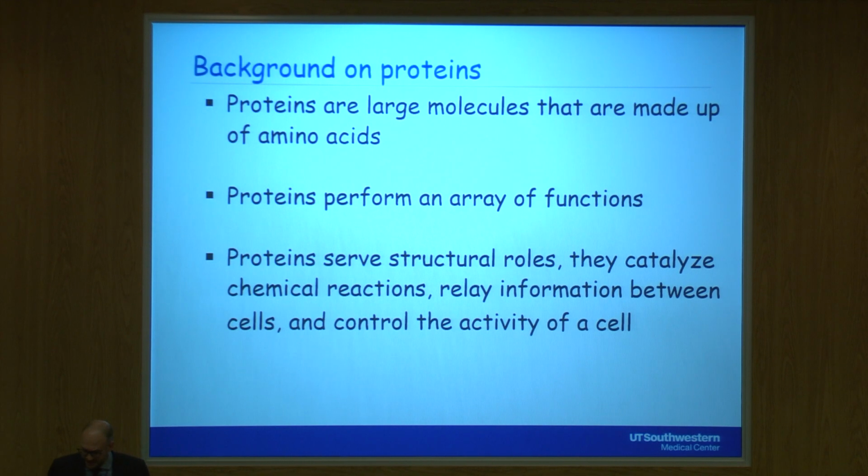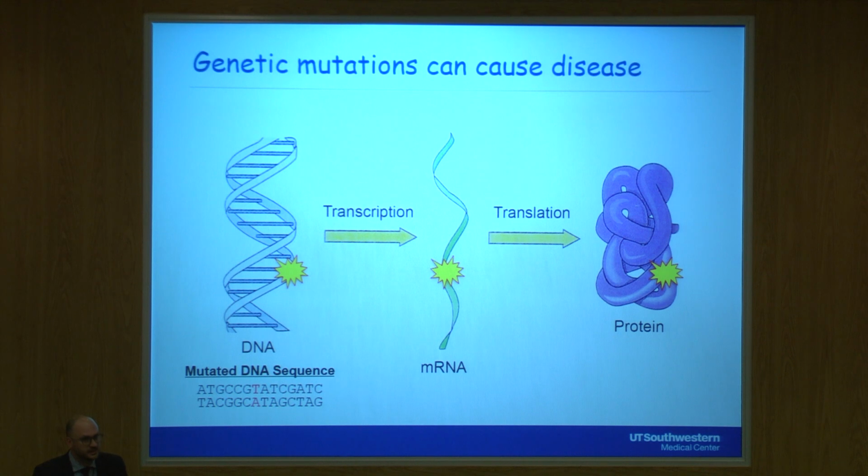And genetic mutations are bad, in part because they result in the formation of defective proteins. What we're looking at here is a genetic mutation, shown in red, where a GC base pair was changed to an AT base pair. This mutation present in the DNA is transcribed into mRNA, so the mutation is present in the mRNA, and this mutant mRNA is then translated into mutant protein.